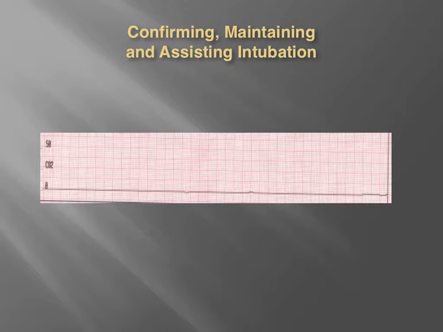This strip is from that website, and obviously what we're seeing here is a nice flat line, which isn't very nice for the patient, right? In this aspect we're trying to confirm intubation, and we have this flat line.